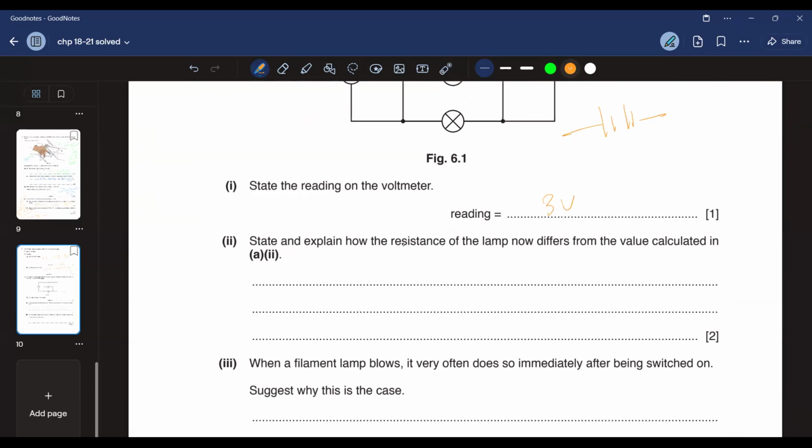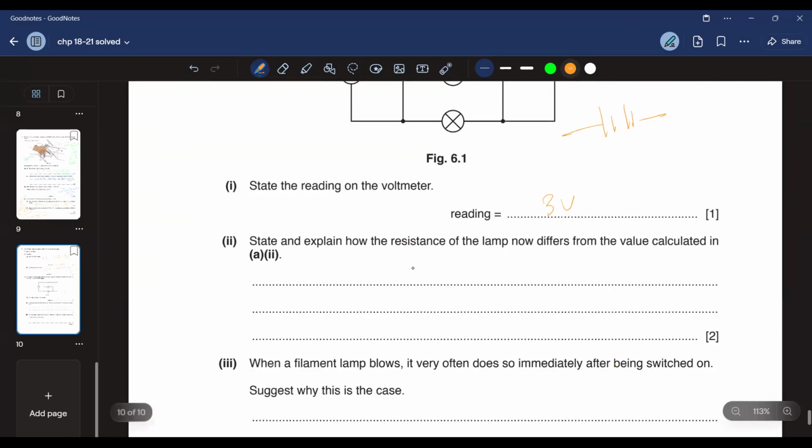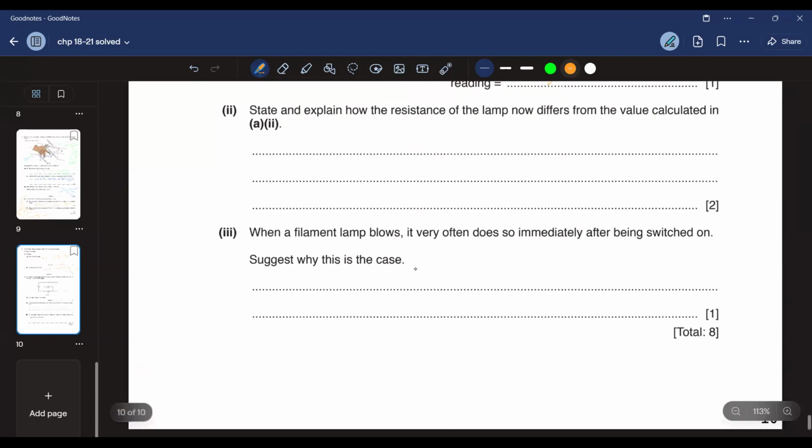Obviously, lamps जो है voltage कम है तो resistance भी कम होगी. Resistance would be less. Smaller resistance. Because smaller voltage. Yes, as voltage is small.